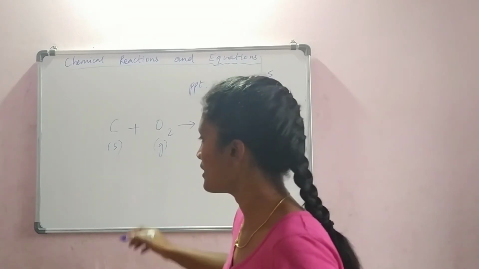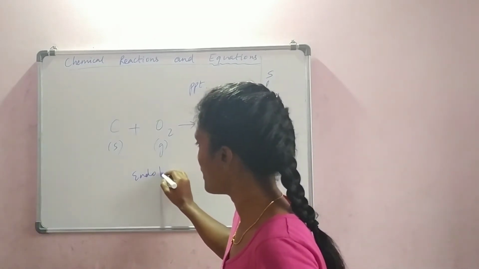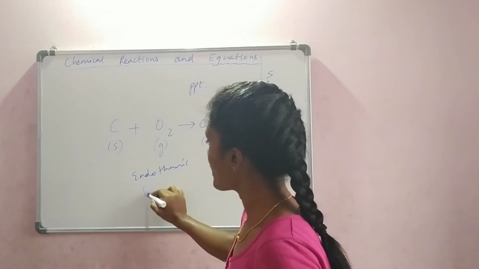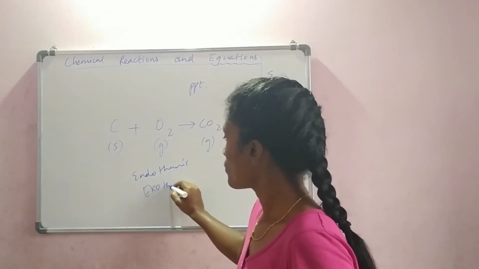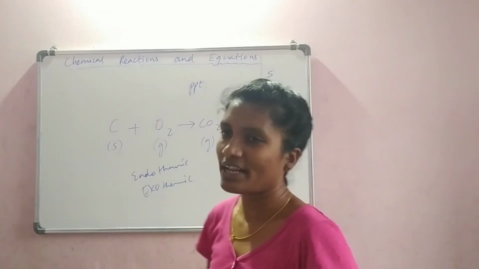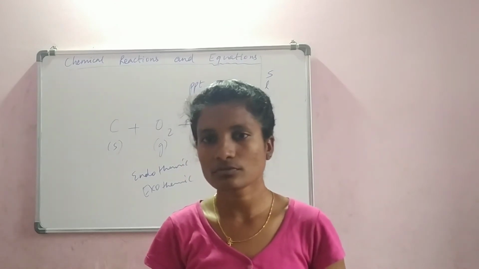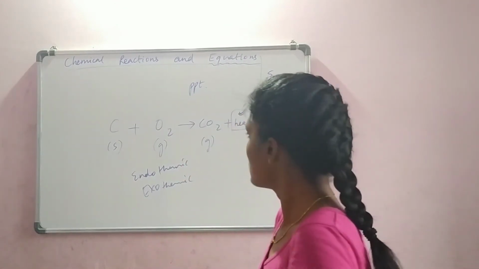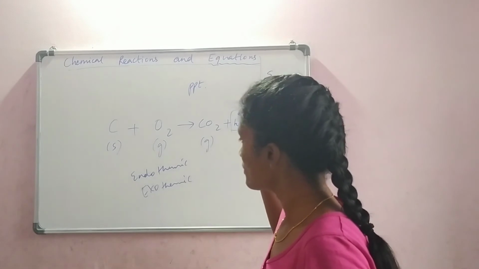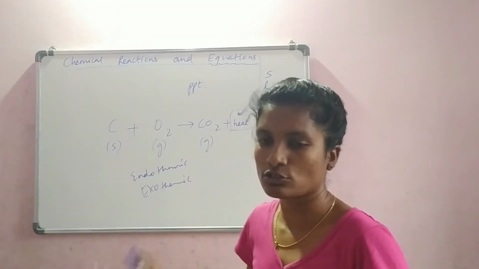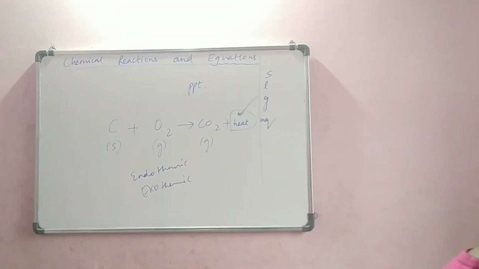Yesterday we studied there are two types of reaction, endothermic and exothermic. So is it endo or exo? Can anyone unmute and tell? This reaction, is it endothermic or exothermic? Exothermic.